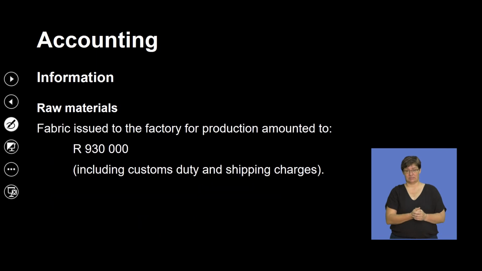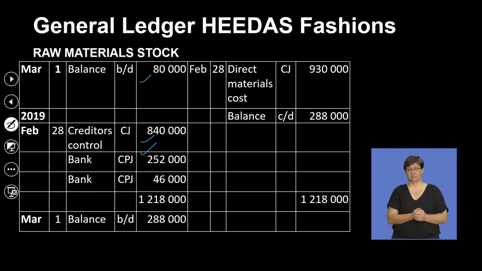Therefore, you will see here, there's my payment, the 46,000 Rand for the shipping charges. Okay, clearly you can see on the debit side of this account, I have all the information of the stock, in this case the material, the fabric, all appearing on the debit side.